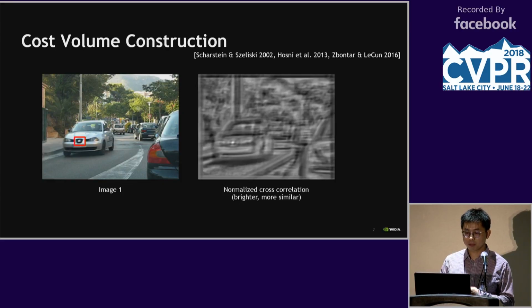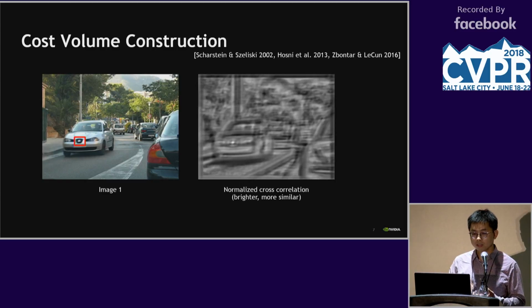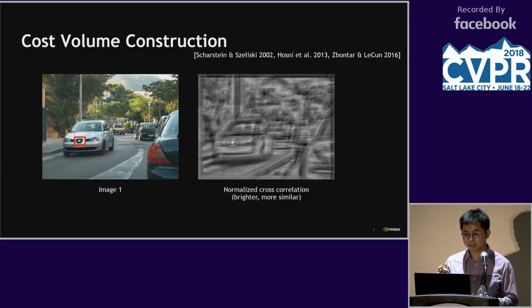And here is the response. The brighter, the more similar. As we can see, there is a very strong peak near the true motion. So the algorithm is actually constructing the cost volume, which is widely used for stereo matching. The cost volume stores the cost, or in this case the similarity, of all the motion vectors for the current pixel.